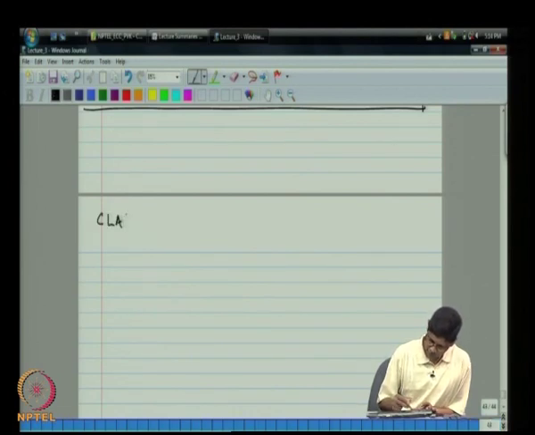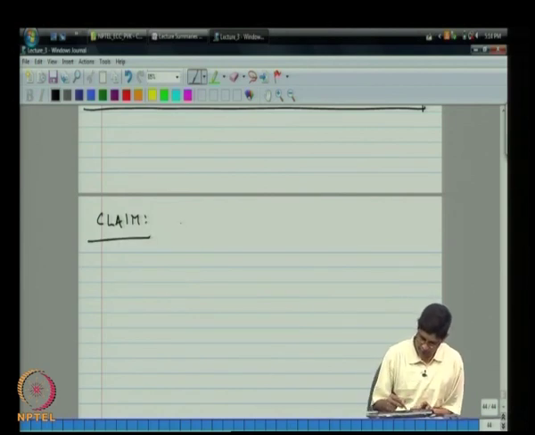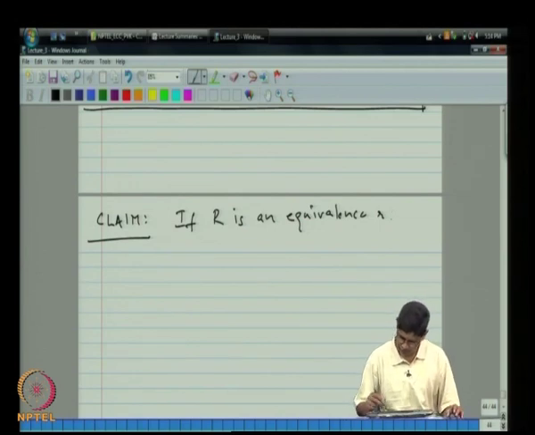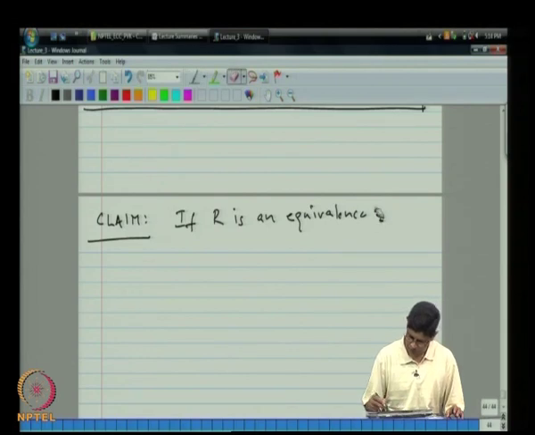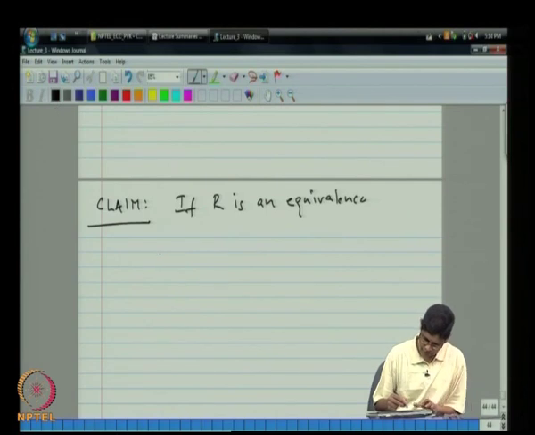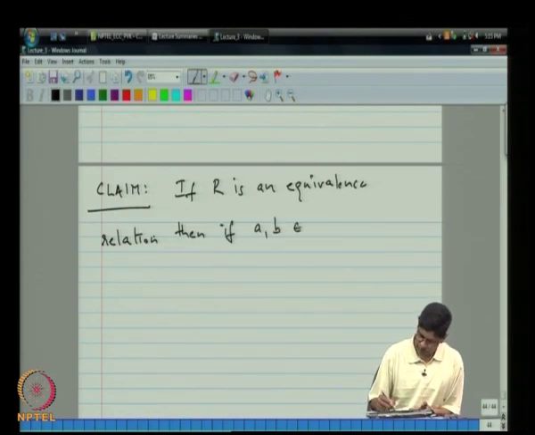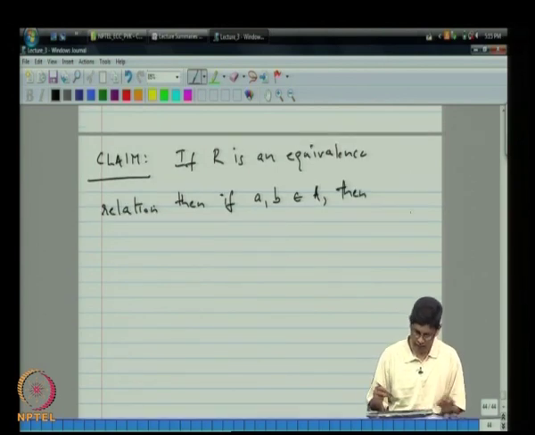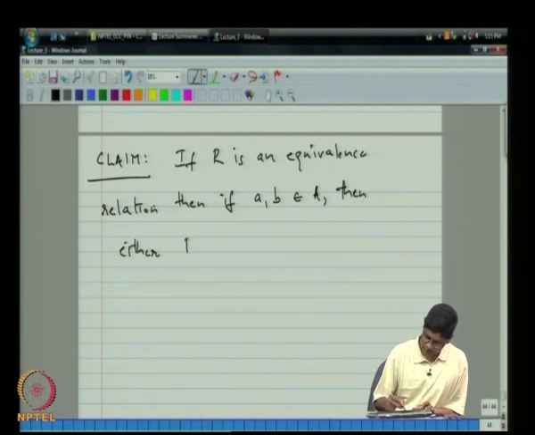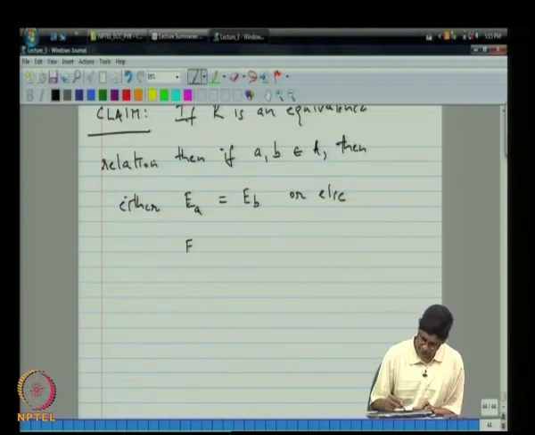Claim: if R is an equivalence relation, then if A and B belong to A, then either E_A is equal to E_B, or else E_A intersect E_B is the empty set.